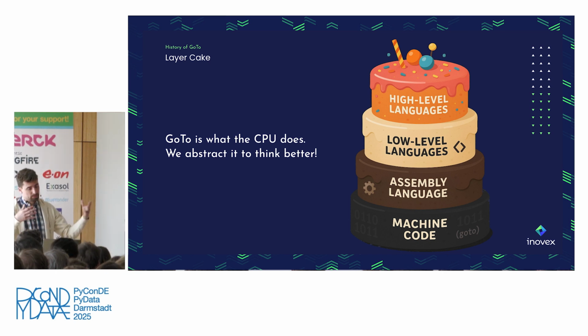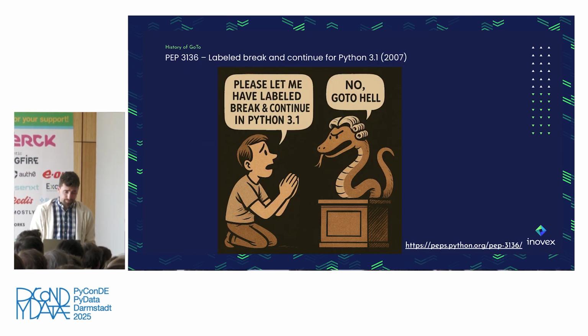Then we as humans start to build up abstraction after abstraction on top of this because we think an abstraction is better, but GoTo is kind of the natural way because this is what a CPU can do. And now we're moving further and further away.